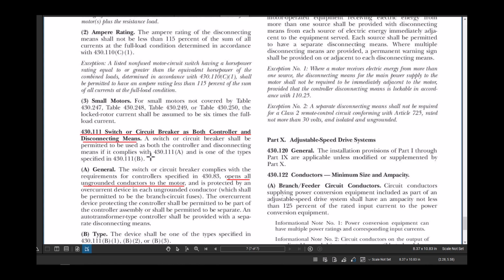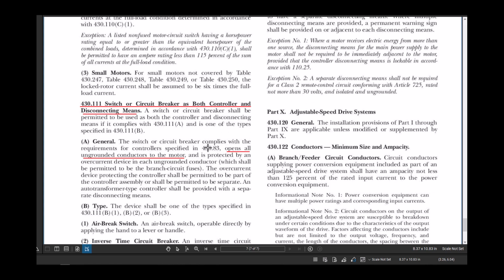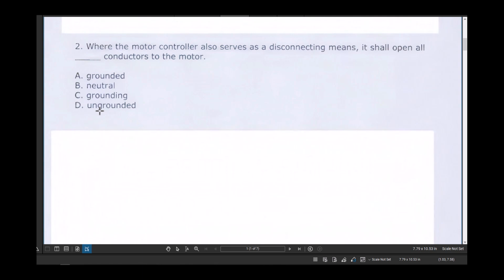If you read through, in section A it says the switch or circuit breaker complies with the requirement for controllers specified in 430.83, where we came from: opens all ungrounded conductors to the motor. Then definitely the answer we are looking for is D, ungrounded.